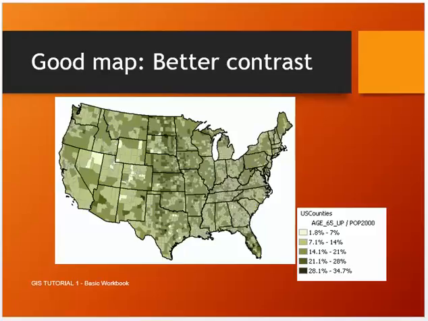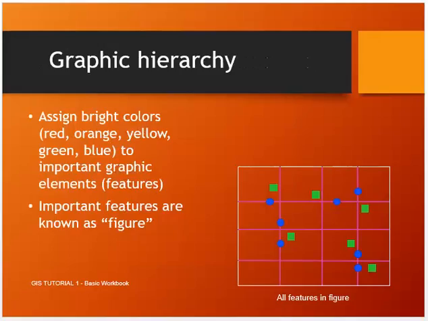You can see that in the upper Midwest, down Phoenix way, and in Florida, there's a big chunk of the population that's over 65. Not so much in northeast Nevada, though. So anyway, good use of contrast to differentiate in your color ramps.